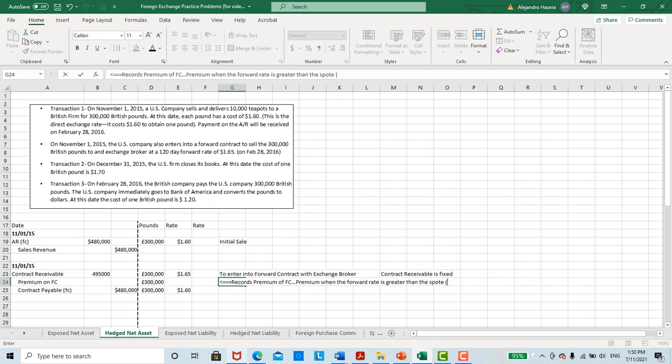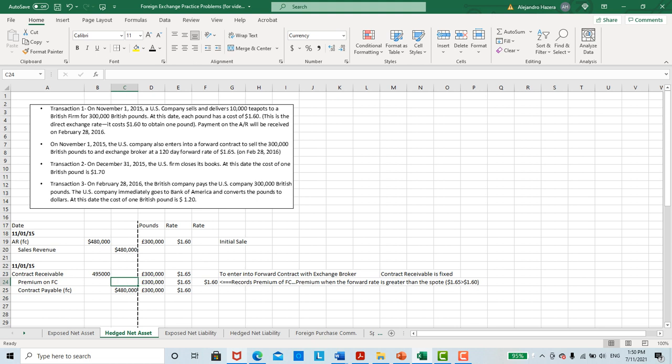I'm just going to put in here 1.65 is greater than $1.60. So we call it a premium in this case, so we'll put $1.65 there, and then we'll put $1.60 there. Okay, so the premium is basically through the 300,000 pounds. So you've got a premium of 5 cents on each one.